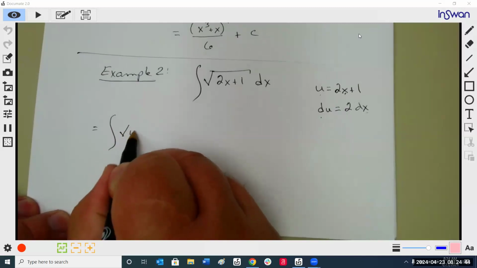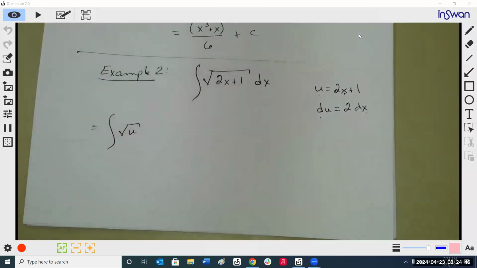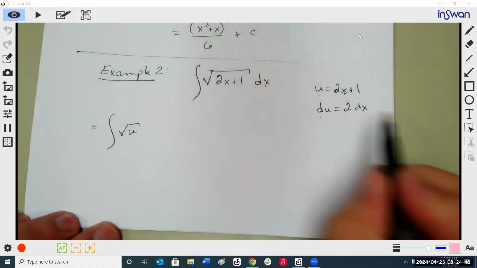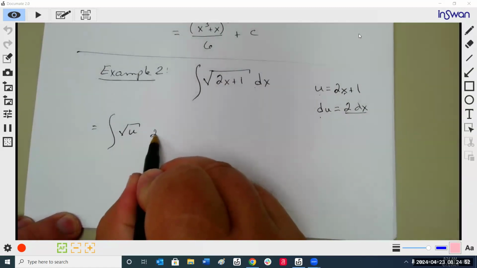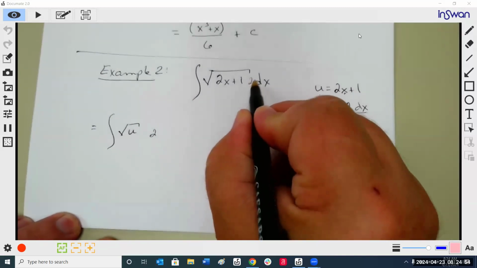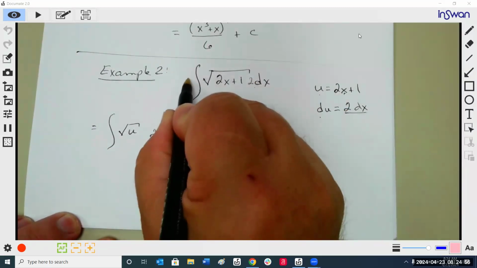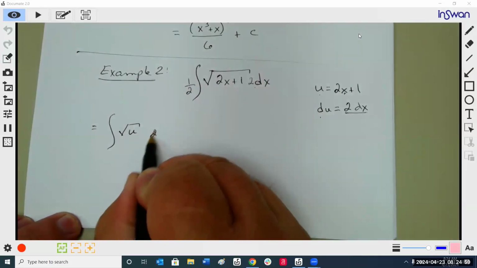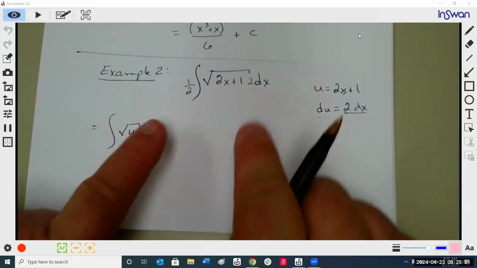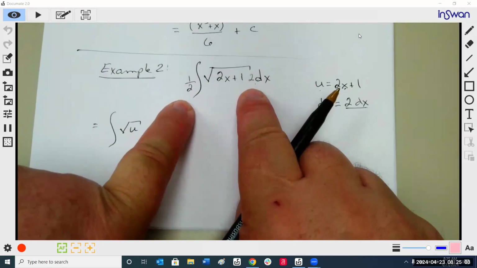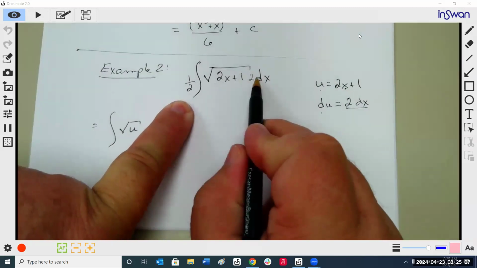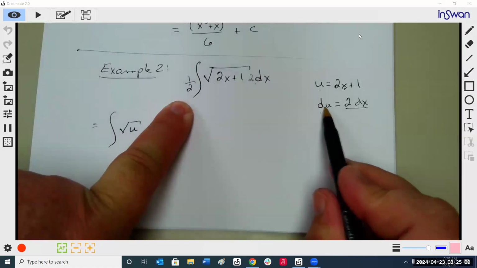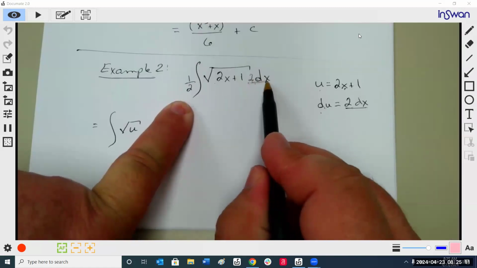So we'll do it step by step. Now, do we have our 2 dx? Do we have a 2 here? No, so we can put a 2 there. If we put a 2 there, we have to put a 1/2 there. Because 2 divided by 2 is what? 1. It doesn't change anything. It's just we needed this format because du has to be 2 dx.